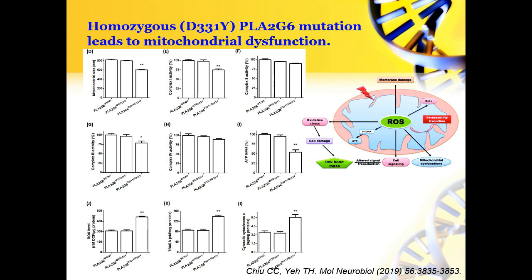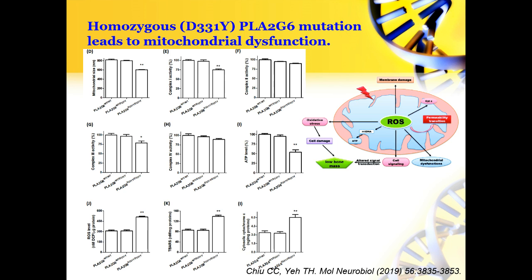Overproduction of ROS was observed in the homozygous mice. The level of mitochondrial lipid peroxidation was upregulated in the homozygous D331Y Parkin mice. Cytosolic level of cytochrome C was increased in the substantia nigra of Parkin D331Y homozygous mice.